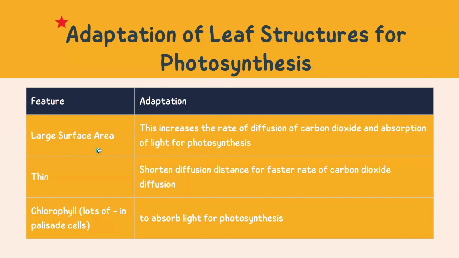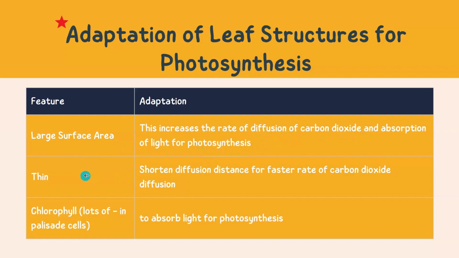This is the usual adaptation feature of most parts of living organisms. This feature is quite an important adaptation to increase the rate of diffusion. Here in the plant, in photosynthesis, it increases the rate of diffusion of carbon dioxide and absorption of light for photosynthesis.